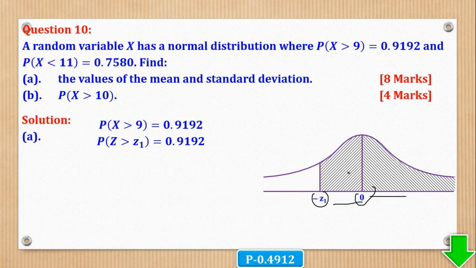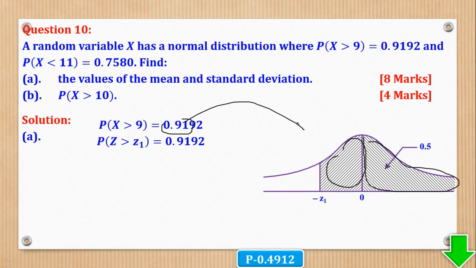So when Z is this side, it has to be a negative value. Now that means that we already know that the whole of this by symmetry from here going this side is 0.5. So what is left is the remainder when you subtract 0.5 from this.